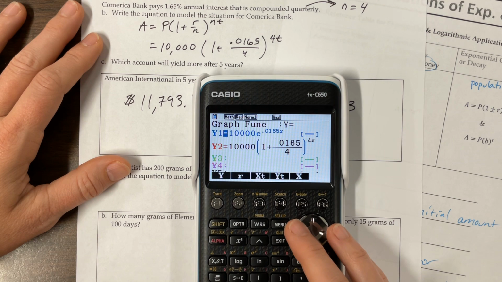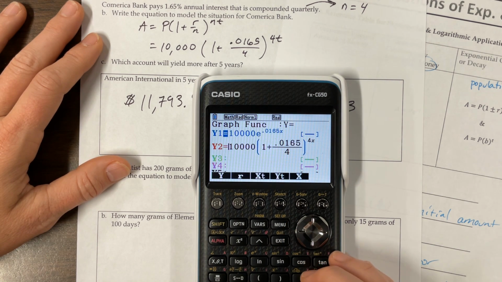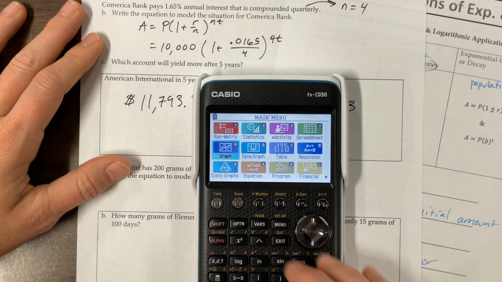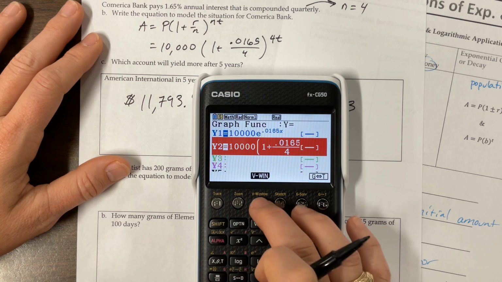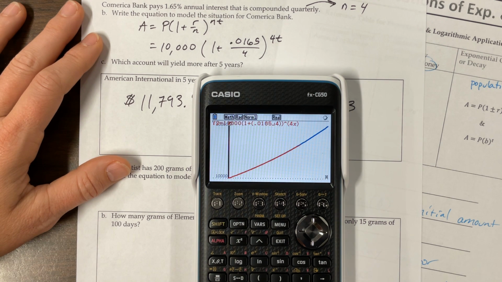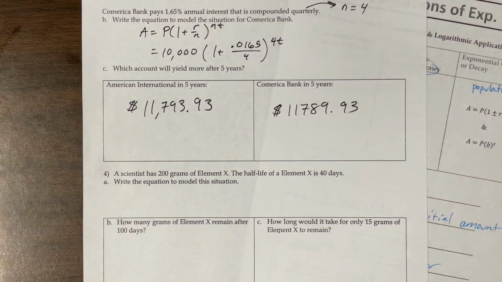Well, I guess starting with $10,000, they're not the same. Hang on, let's change our window again. Let's go from 10,000 to 20,000, see if that, for our y values, lets us zoom in a little bit more. No, they still look the same. Okay, let me move on. I'm sorry. I'll think about that and see what I can do for you.